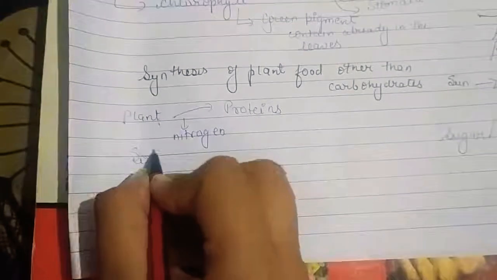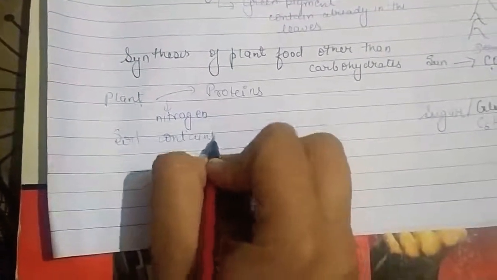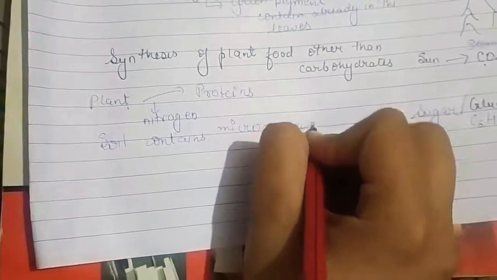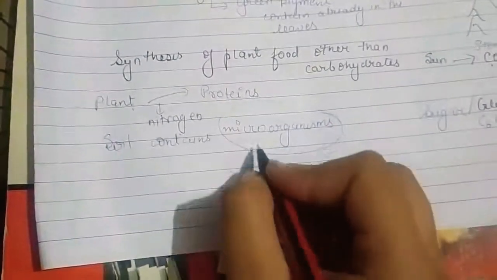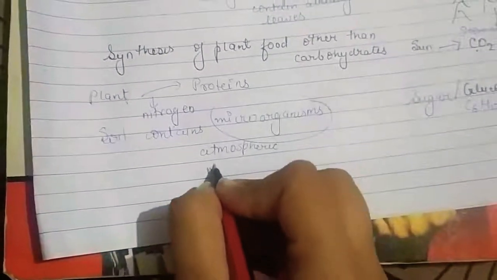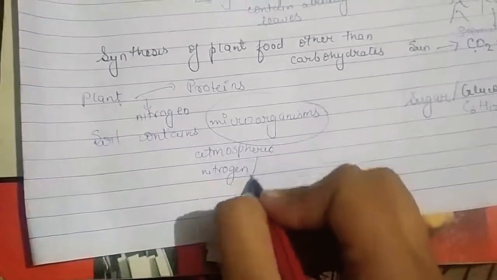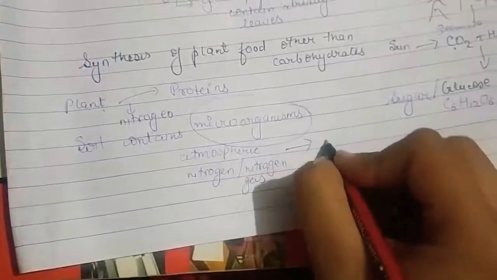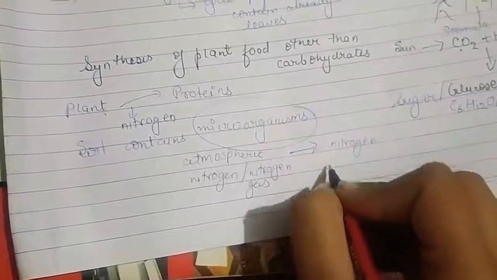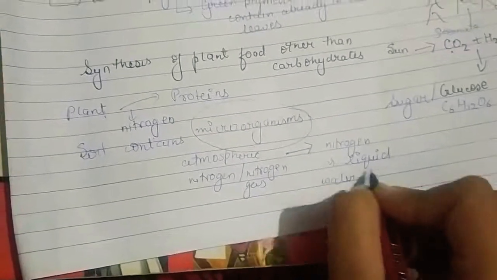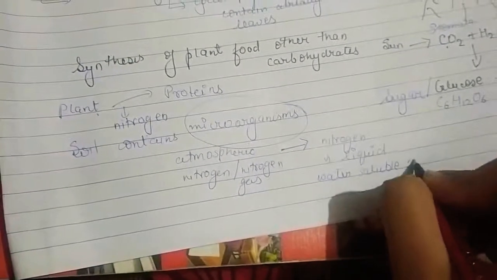The answer is quite simple: soil contains various microorganisms, and usually these microorganisms convert atmospheric nitrogen, or simply nitrogen gas present in our air, into nitrogen in liquid form, or we can say water soluble nitrogen.